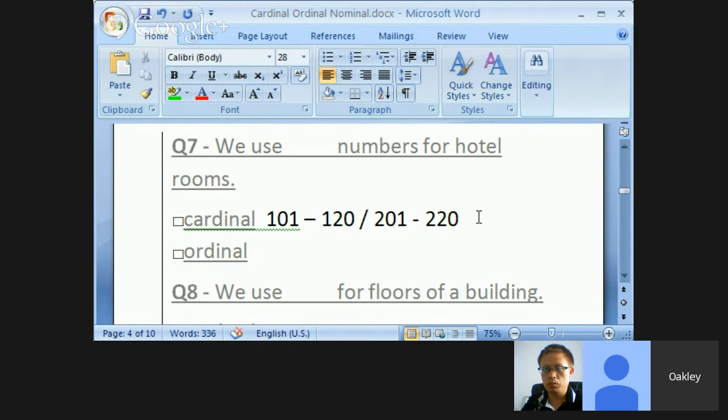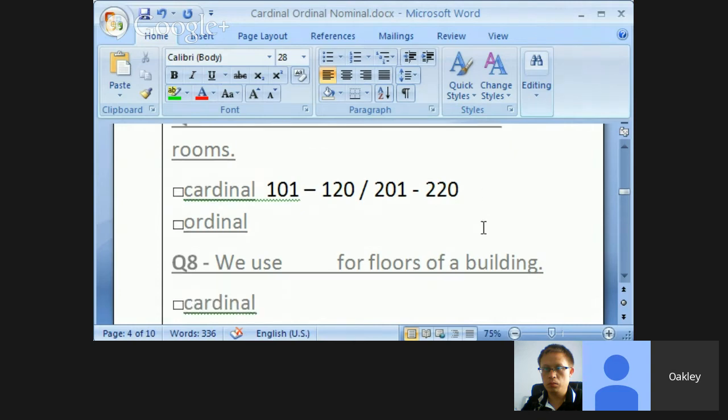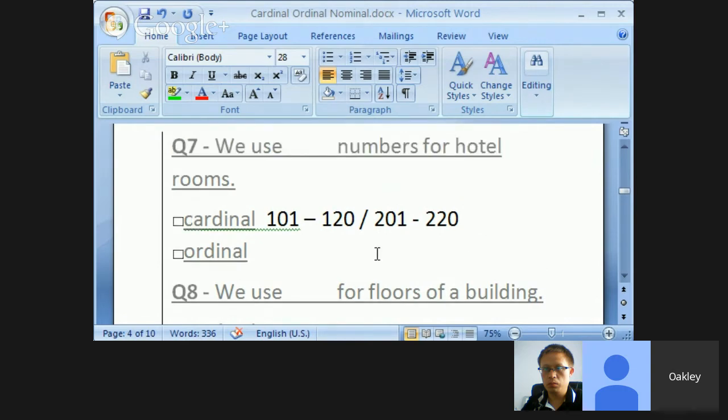I'm in room 320. Like that. You say room and then the number of the room. Just say the word room, and then the number. I'm in room 212. I'm in room 420. I'm in room 504. Like that. That's it. Okay.